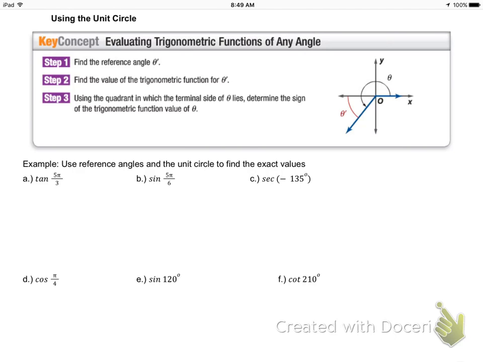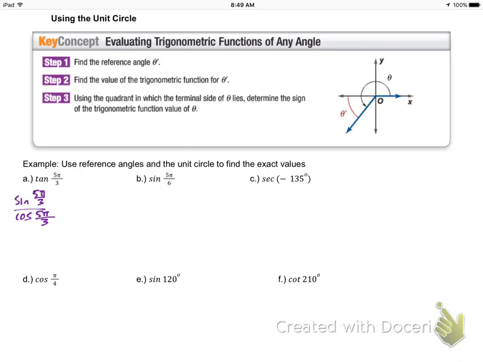And so tangent of 5 pi over 3. I don't like tangent. I'm going to switch it to sine over cosine. So if it's tangent of 5 pi over 3, it's going to be sine 5 pi over 3 over cosine 5 pi over 3.